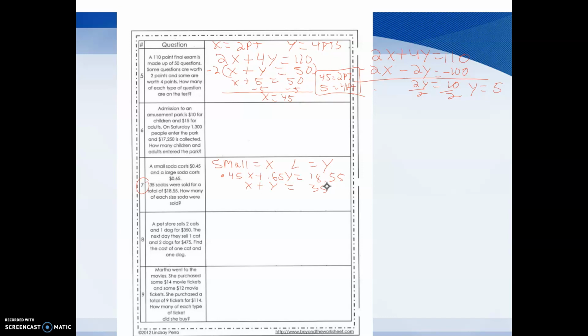So I decided to multiply the bottom one by a negative 0.45x. Now again, if you want to use substitution, that is an option. Okay, so over here, I am not messing with the first one, right?